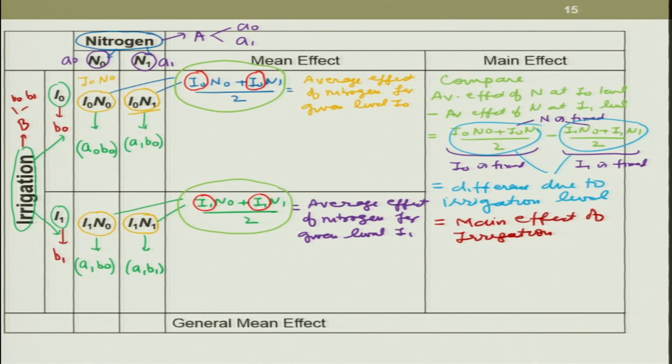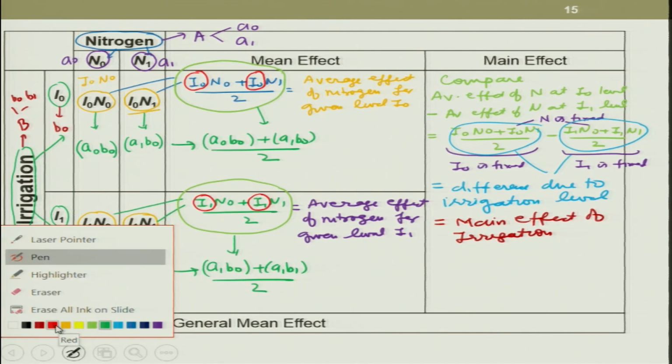And now, if I try to translate the mean effect here, I can write this as A0 B0 plus A1 B0 divided by 2, and in the next column I can write the same average effect, which is A0 B1 plus A1 B1 divided by 2, right. And what are these things?